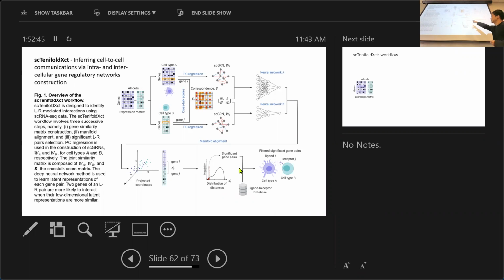Of course, before we had this neural network, we used PC regression, principal component regression, to build our gene regulatory network. This is work developed by my senior, not by me.